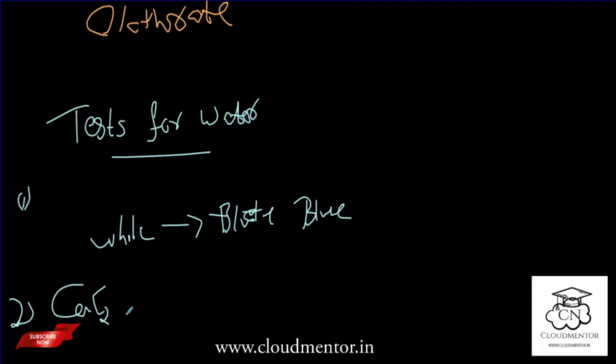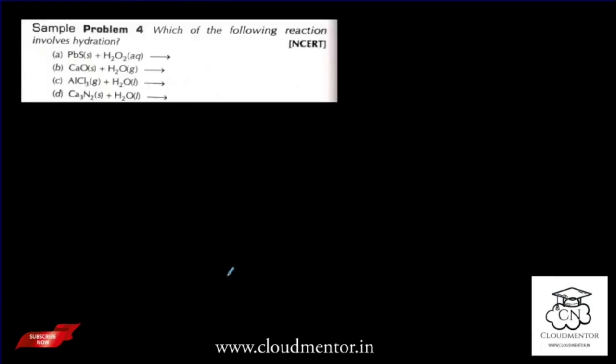And now we can move to some questions. Which of the following reactions involves hydration? It's actually a confusing question. All of them have reactions with H2O, and the addition of water is called hydration.